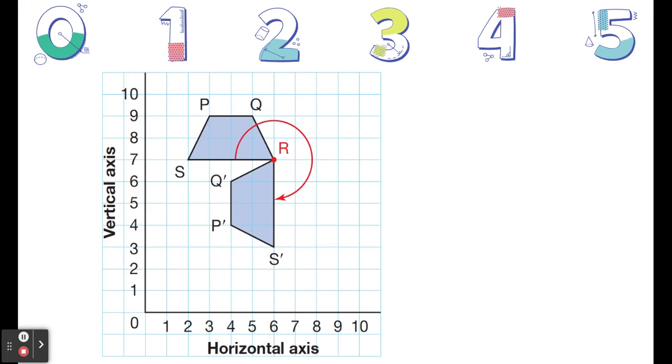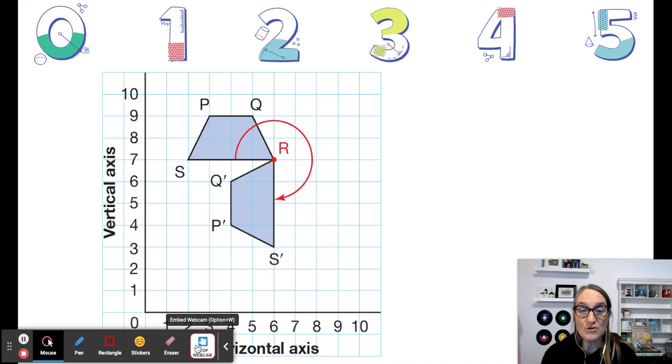All right, here we have a lovely trapezoid. Trapezoid PQRS was rotated a 3/4 turn clockwise about vertex R. So the point of rotation could be a vertex on the shape, or it could be a different point that's not on the shape at all.